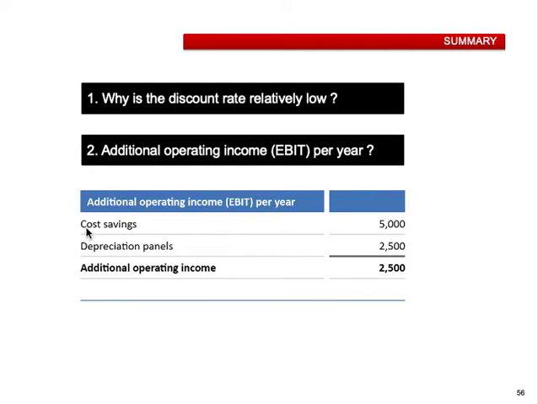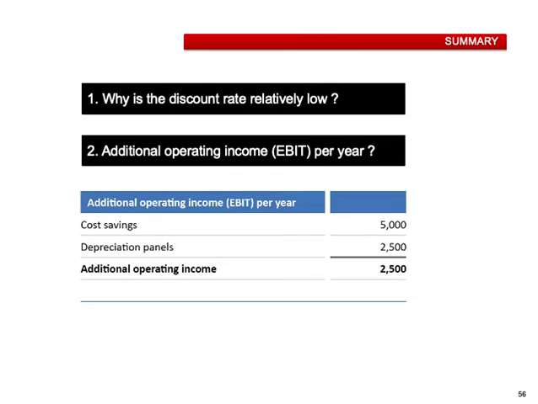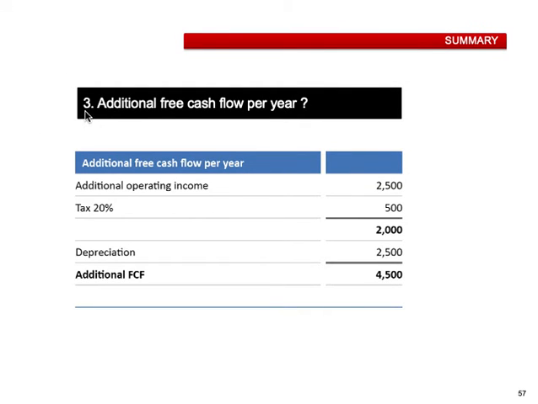Well, the incremental cost savings are 5,000 and you need to deduct your depreciation of your panels of 2,500. So that makes your additional operating income, your additional EBIT, 2,500 per year. Question 3, what is the additional free cash flow per year? Well, we have, like I said, an additional EBIT of 2,500.